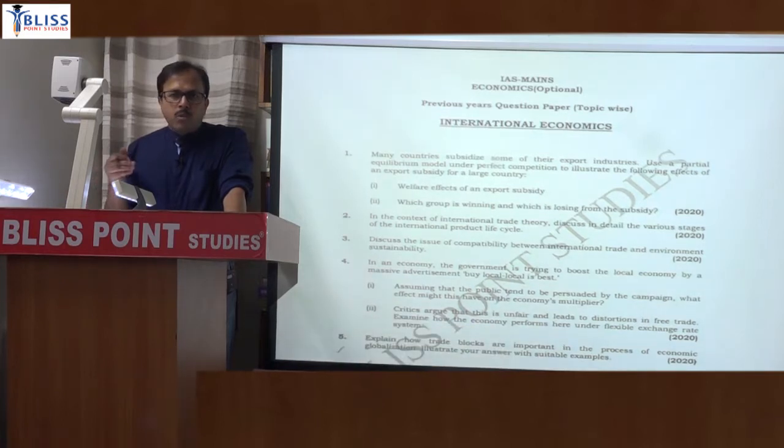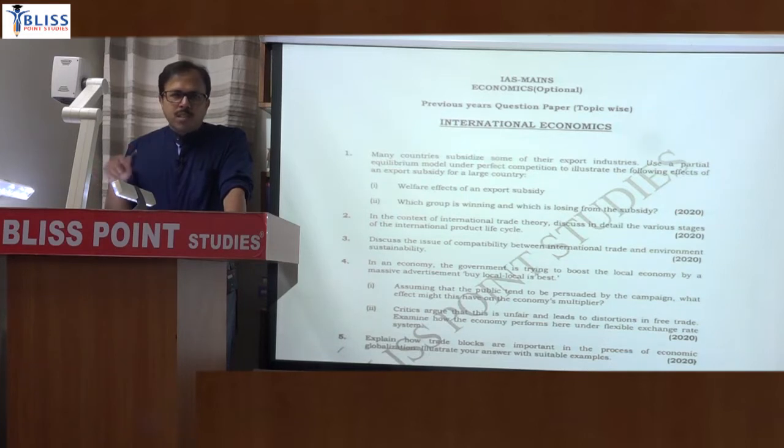If you promote local, that means an increase in income, and a major part of the increase in income will be used to buy domestic goods, so there will be more increase in domestic income. If we use more of the increase in income to buy foreign goods, then it will increase the income of foreign countries more and the income of the domestic economy less. So this question also we can answer by using this macro approach.